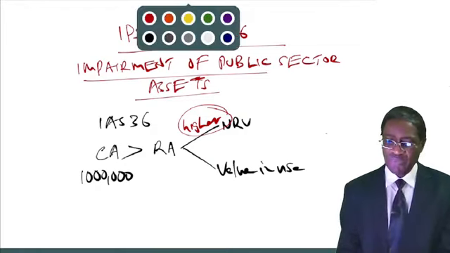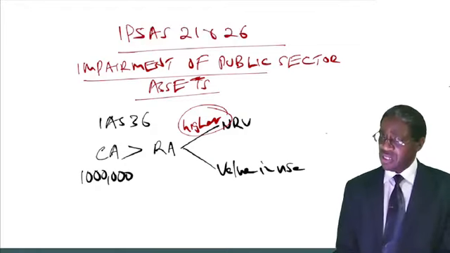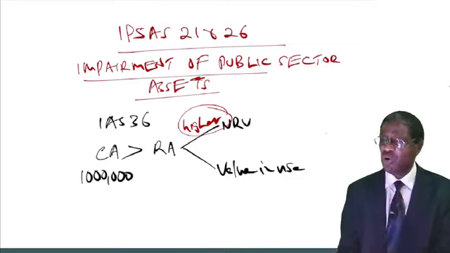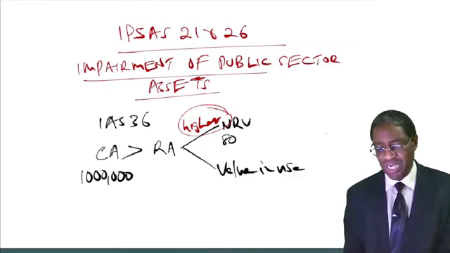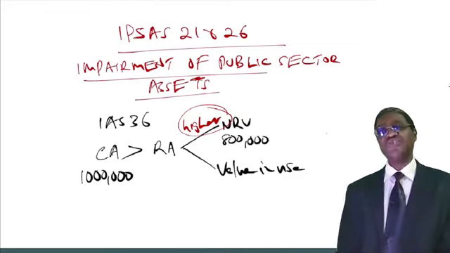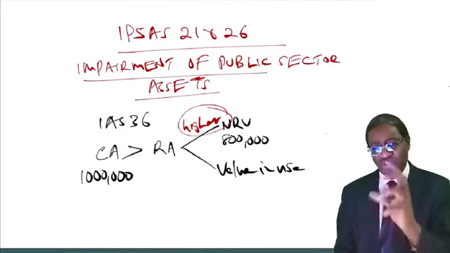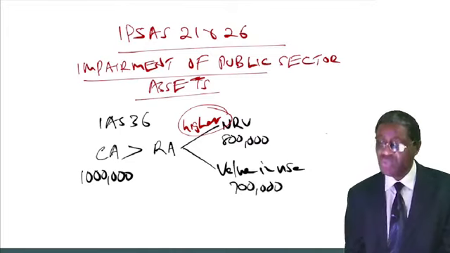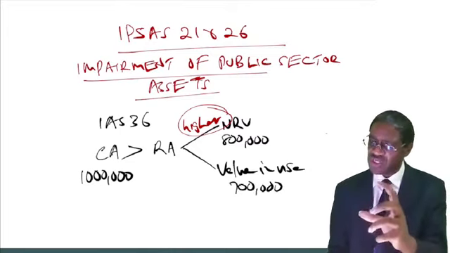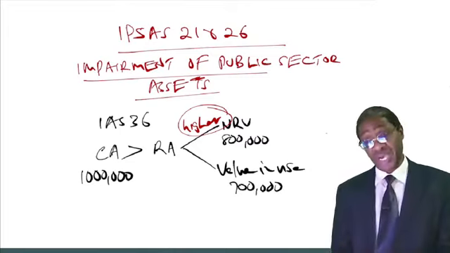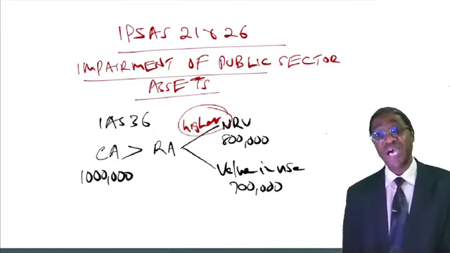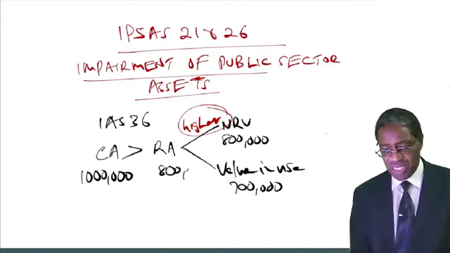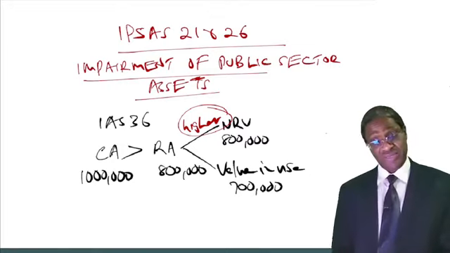For example, if you computed the net realizable value of your asset and you got 800,000, and you computed the value in use of that asset and you got 700,000, then whichever of the two is higher is what you pick to become the recoverable amount, which in our case will be 800.